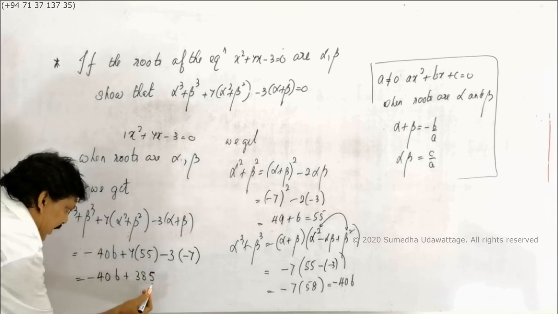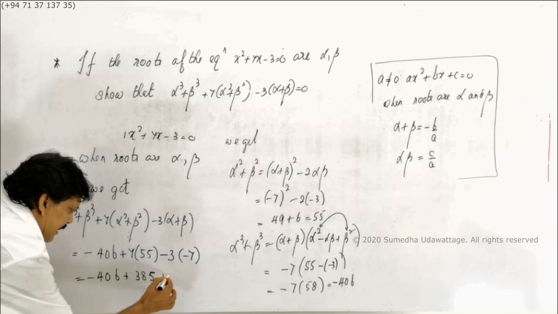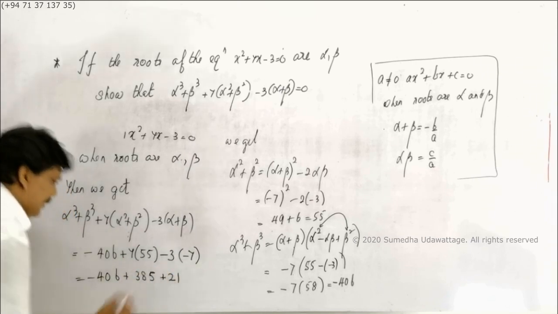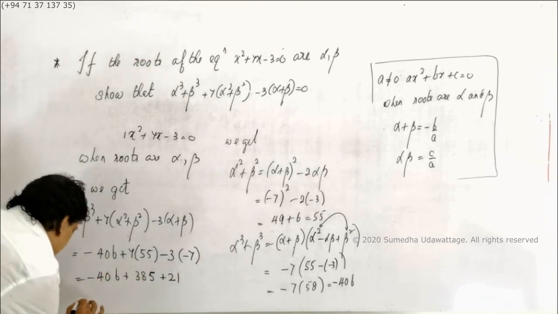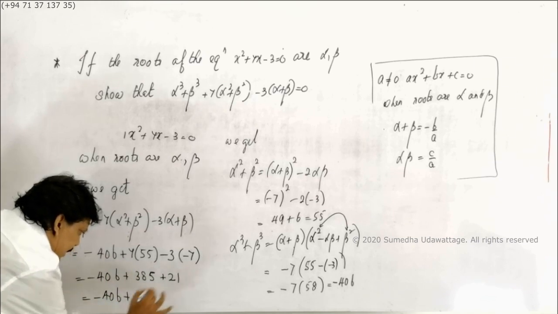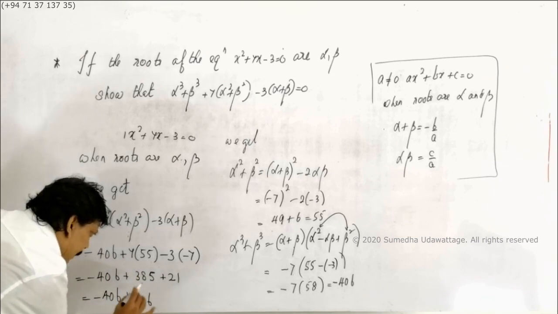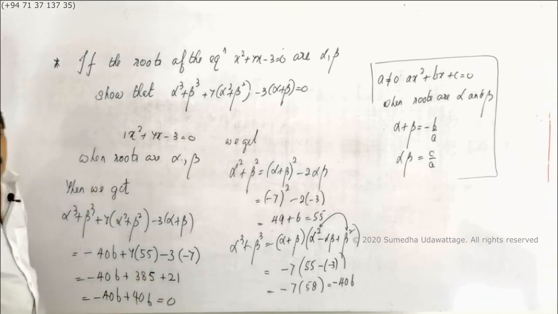Seven into 5, 35, 3 remaining, 7 into 5, 35, 38, minus into minus, plus 21. 385 plus 21, it is minus 406 plus 406 is equal to 0.